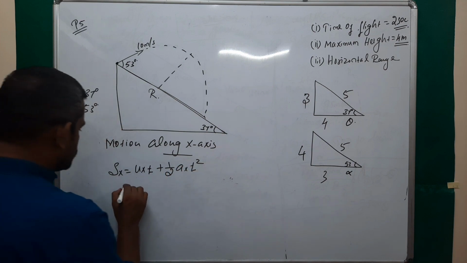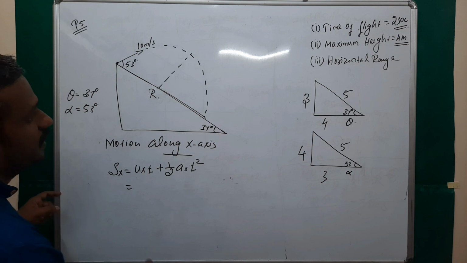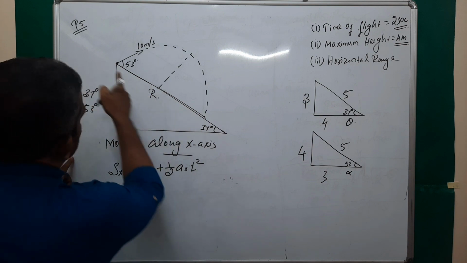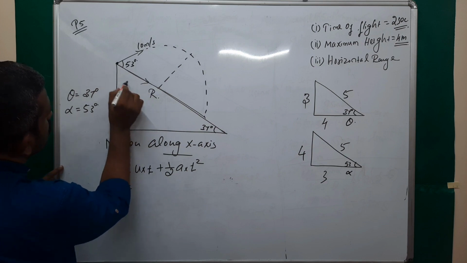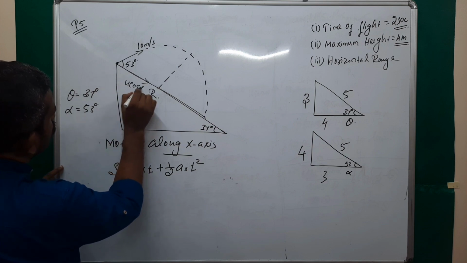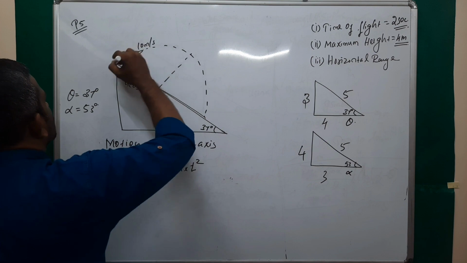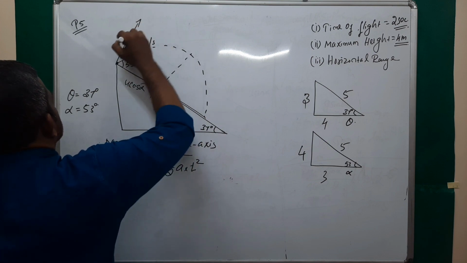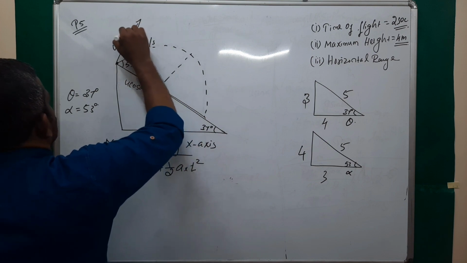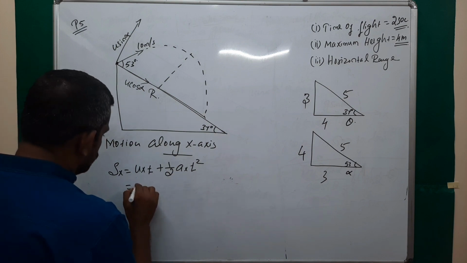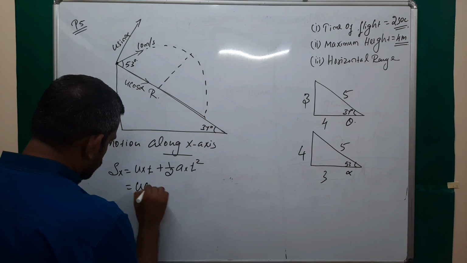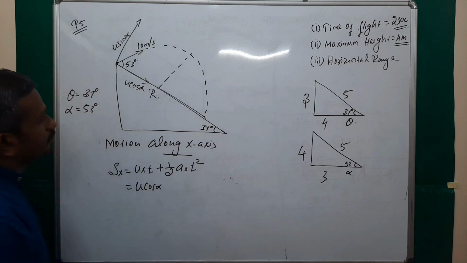What is ux? U cos alpha. So this is u cos alpha and this is u sin alpha.